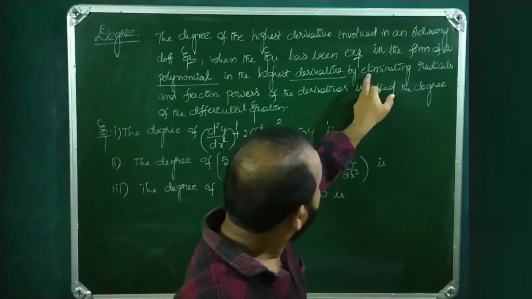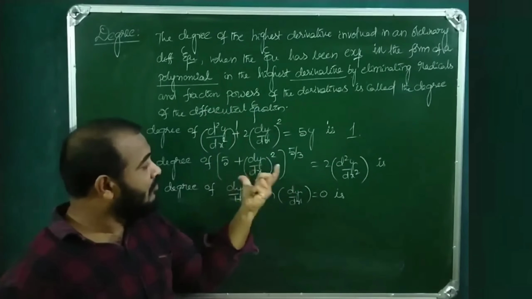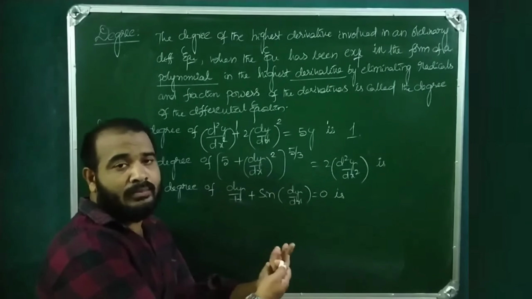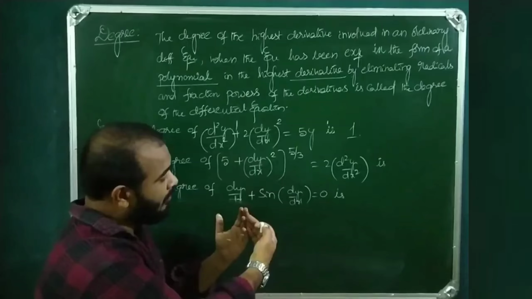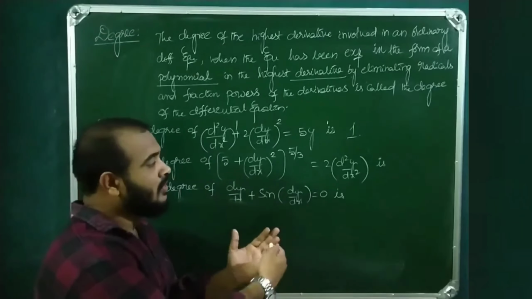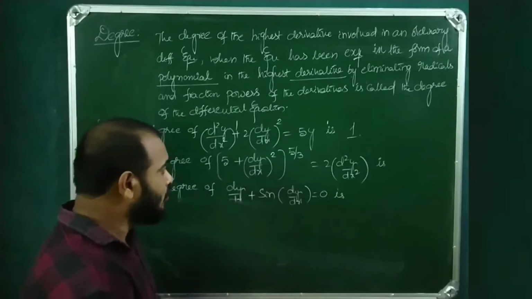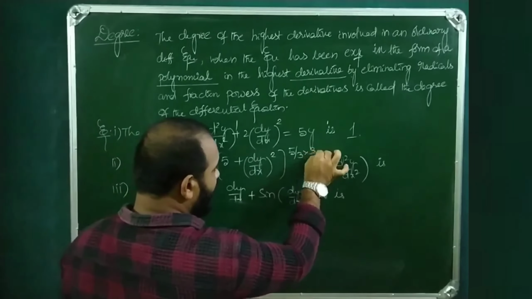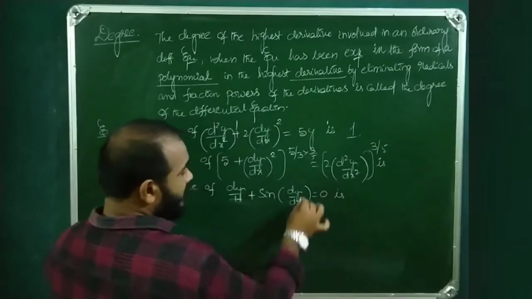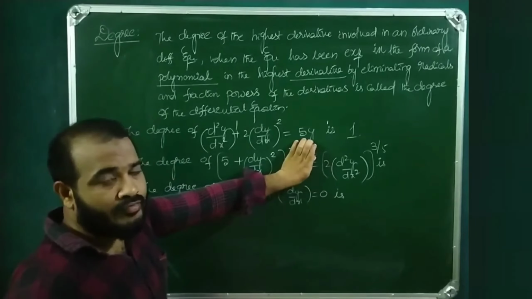So by eliminating radicals and fraction powers, whatever fractions are there, we should eliminate them by suitable powers on both sides, squaring on both sides, cubing on both sides and so on. If I do 3 by 5 here, for example, with whole power 3 by 5, then 5 cancels, 3 cancels. It is a non-fraction now.